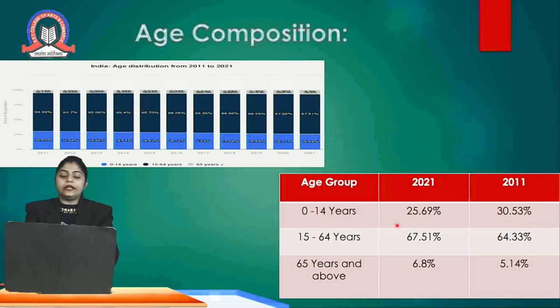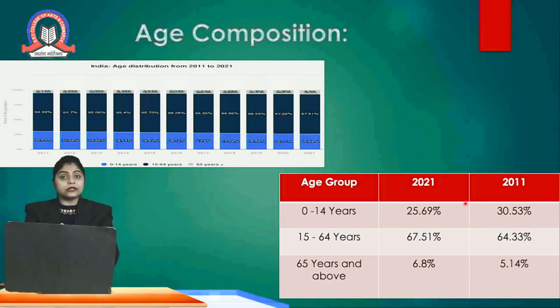So, if I talk about the census data of 2011, 64.33% of people lie in the age group of 15 to 64, 30.53% are in the age of 0 to 14 years, and 5.14% of the population is 65 years and above.